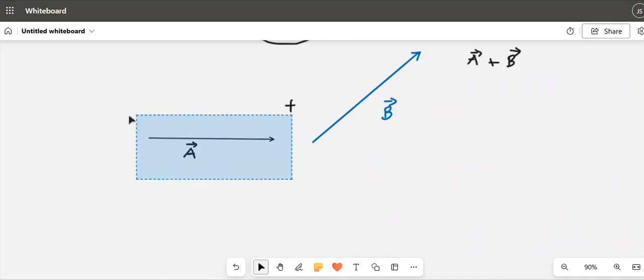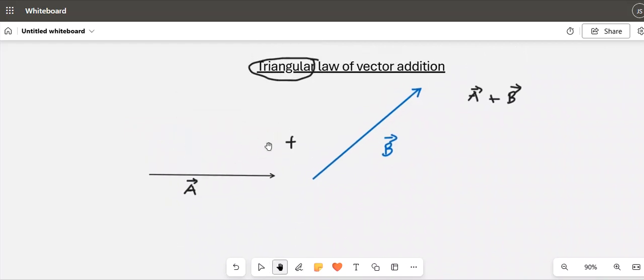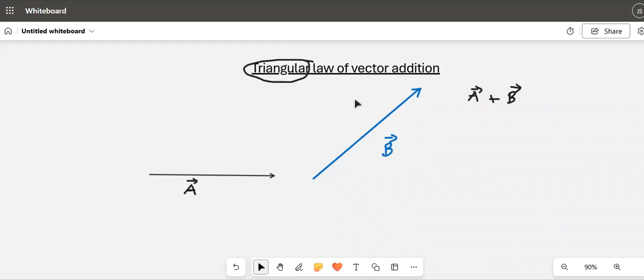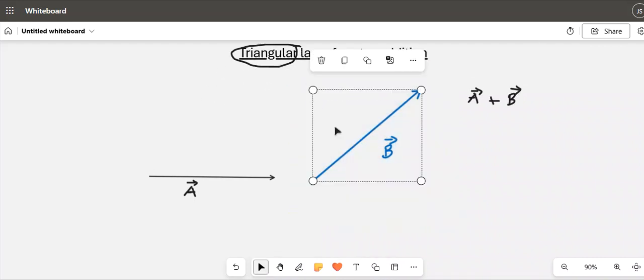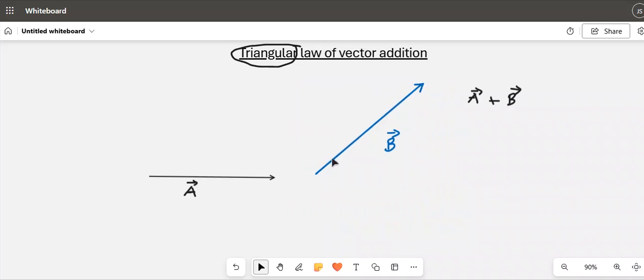See, this is vector A. Here I am writing A plus B, that is, B is being added to A. What I am doing now is selecting B and its tail.